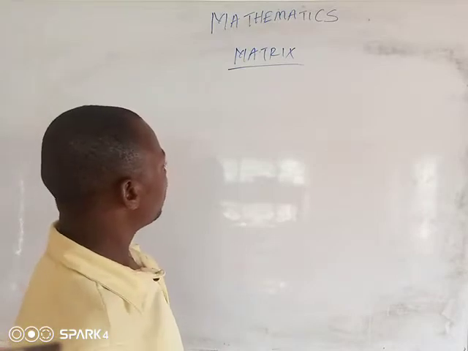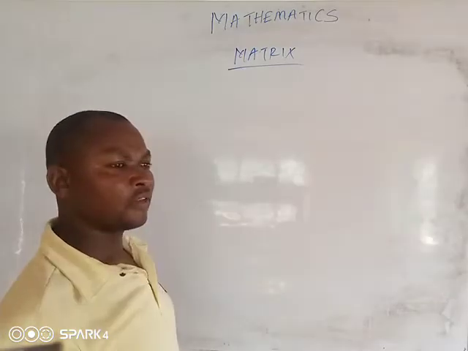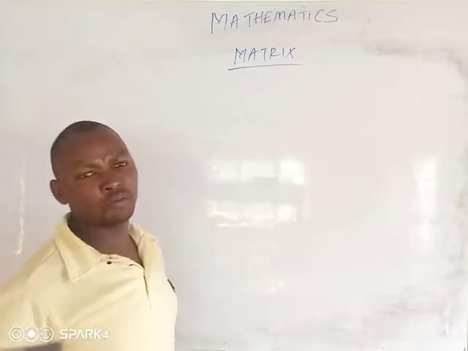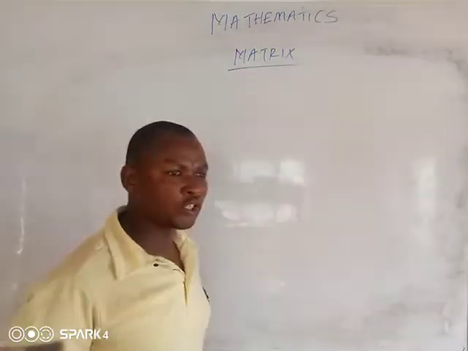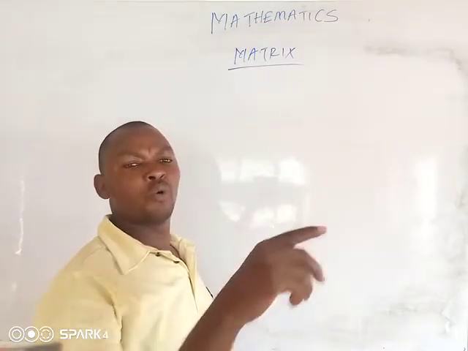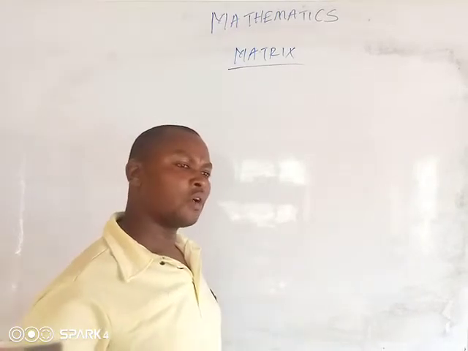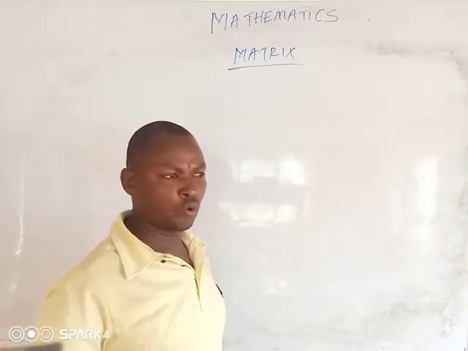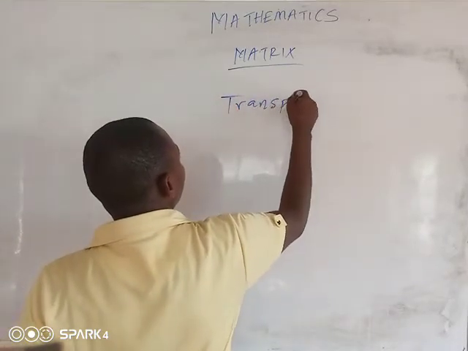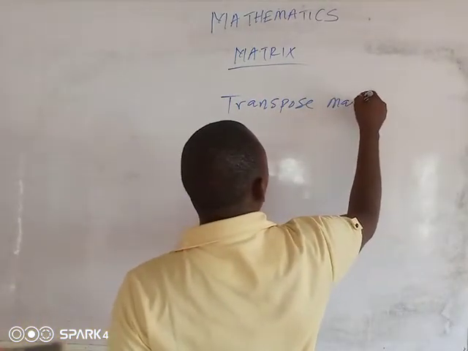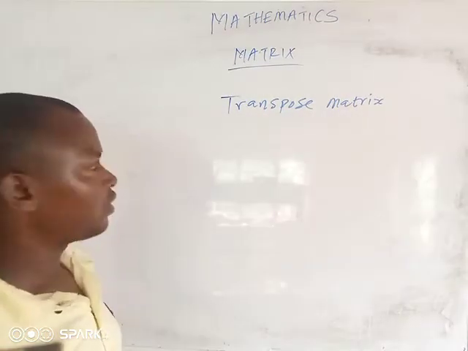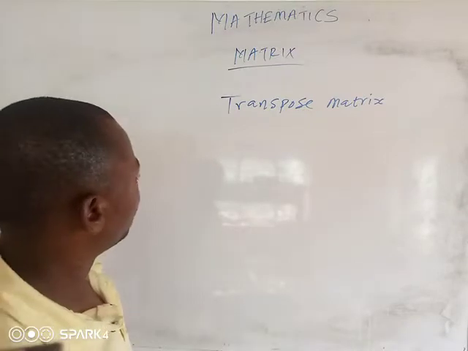Okay? So there's also a matrix called the transpose matrix. In a transpose matrix, the rows become columns and the columns become rows.